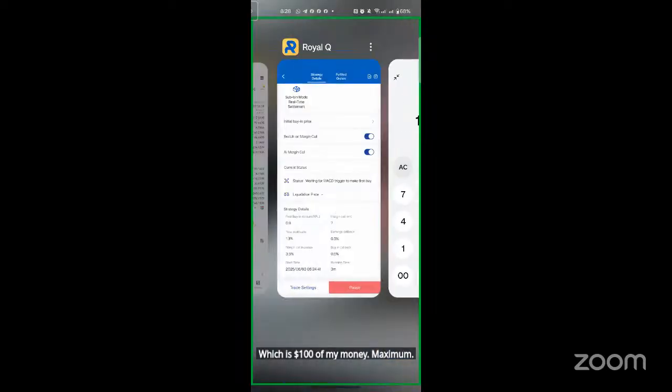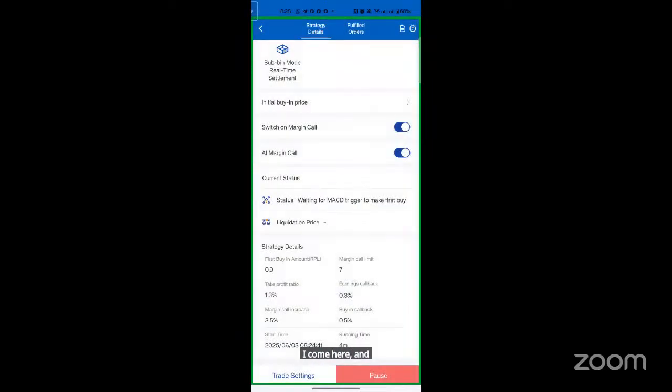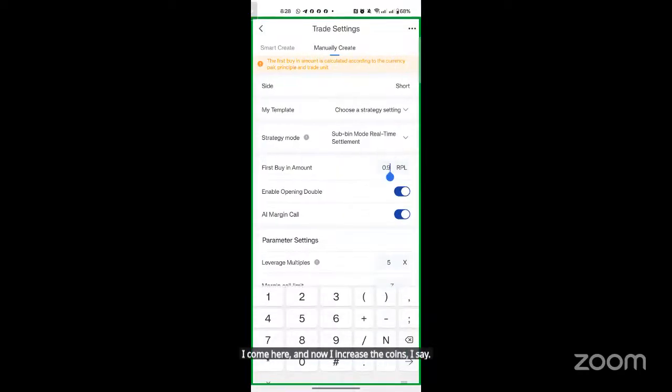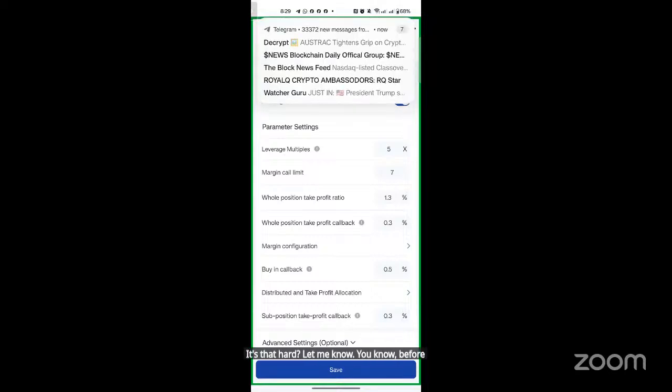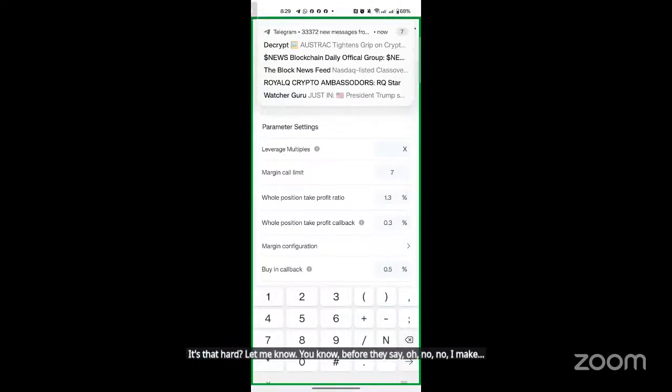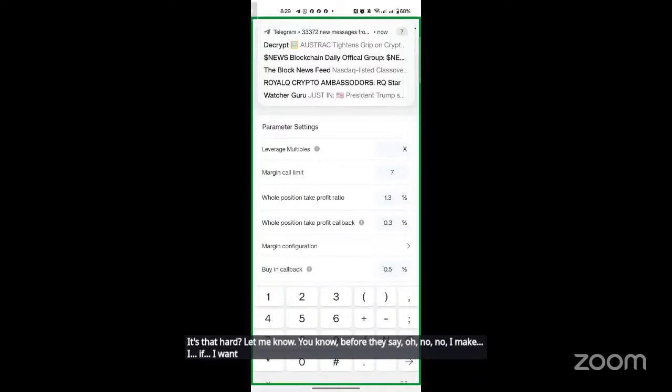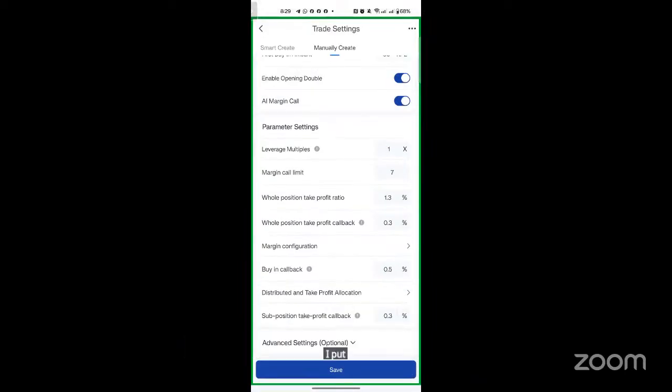I come here, and now I increase the coins. I say, I want my coins to be 60. Is that hard? Let me know. You know, people say, oh, no. If I want less risk, I put 1%.